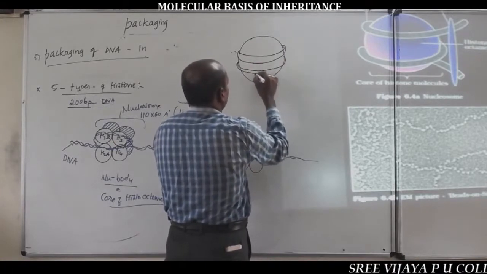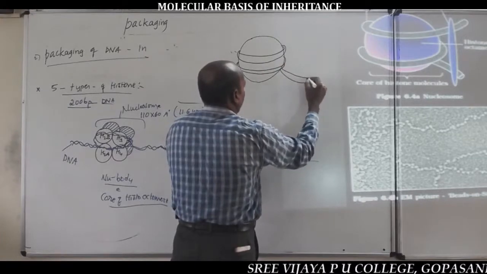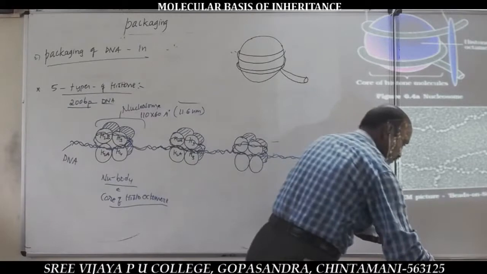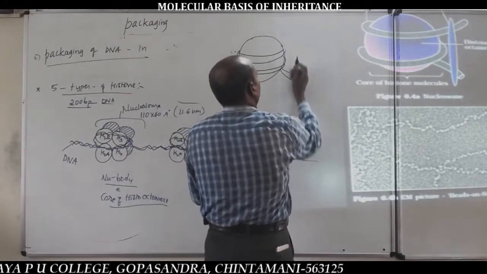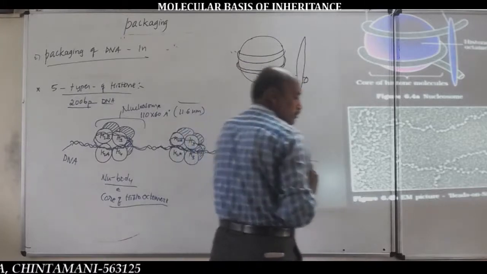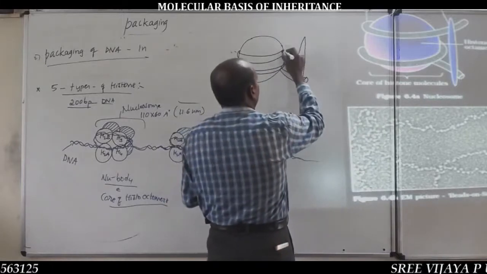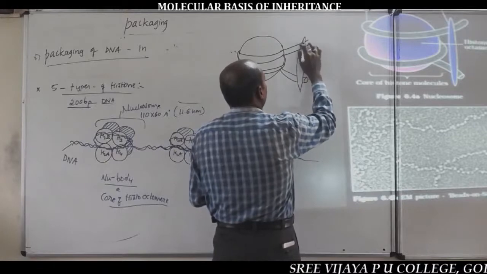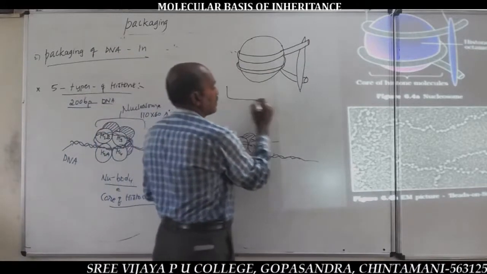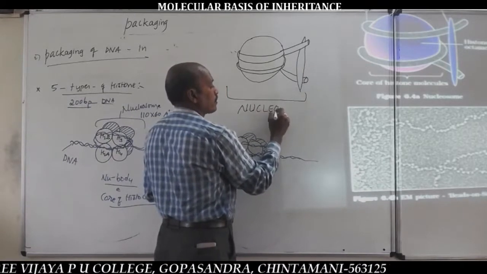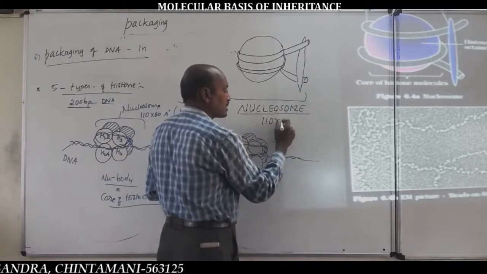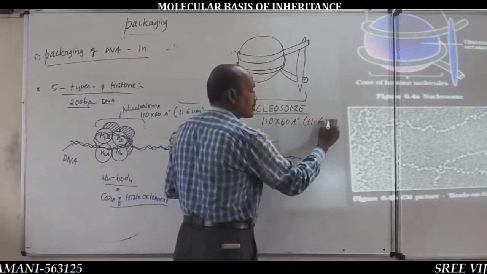wrapped around the histone octamer with 1 3/4 turn to produce a structure called nucleosome, with the dimension 110 into 60 angstroms or 11.6 nanometers.